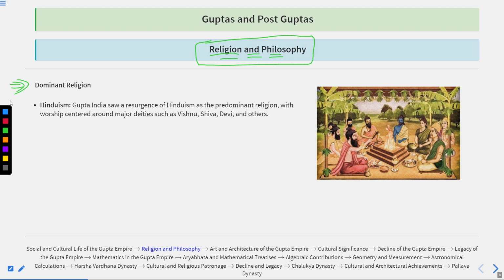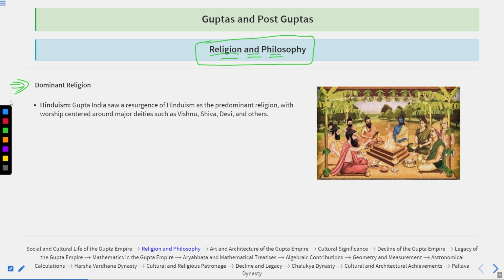These two religions flourished. Then Pushyamitra Shunga, the commander-in-chief of the last Mauryan ruler, Brihadratha, killed him and ascended the throne. That's how the Mauryan Empire ended and the Shunga dynasty came into the picture.